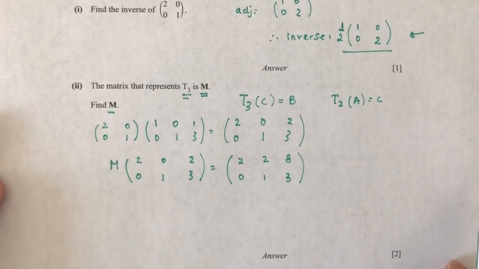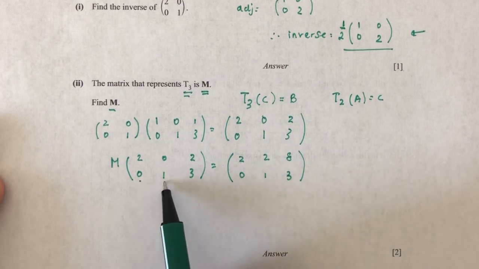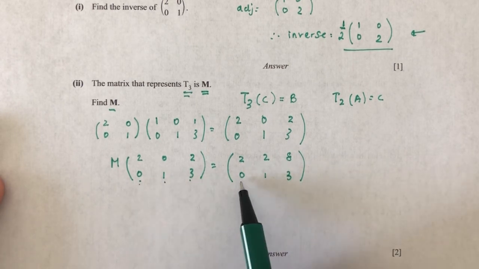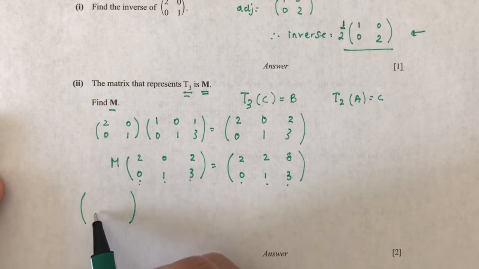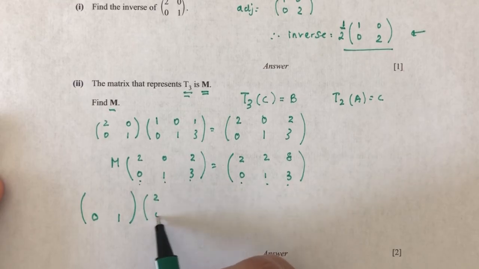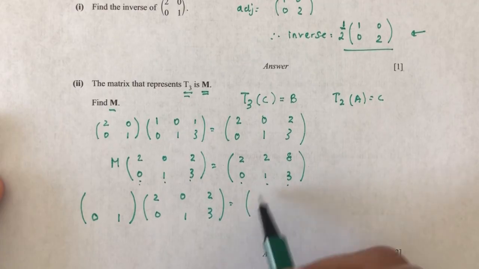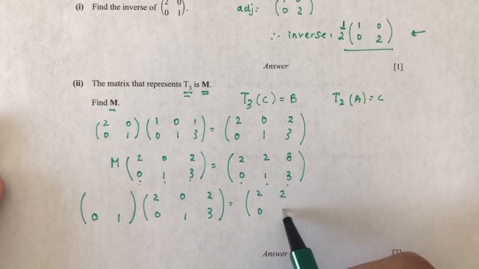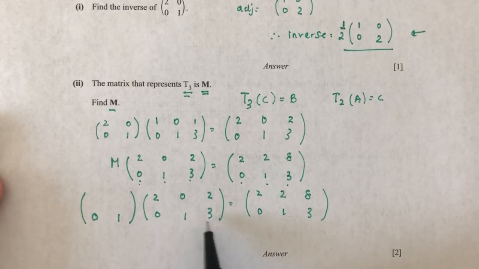The first thing we observe is that the y coordinates have remained the same, which means M will be in the form of something, something, 0, 1, times 2, 0, 0, 1, 2, 3, equal to the B coordinates. Because the y is the same, the matrix will have this form.